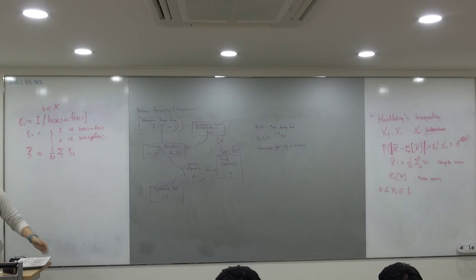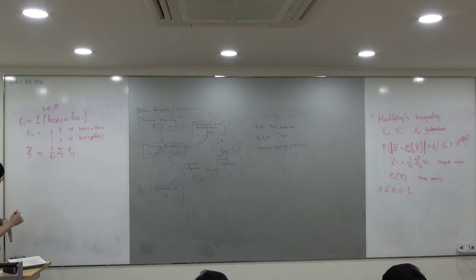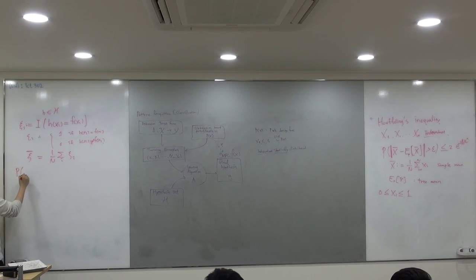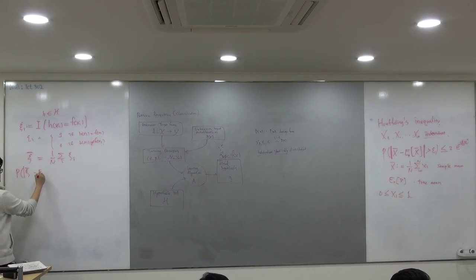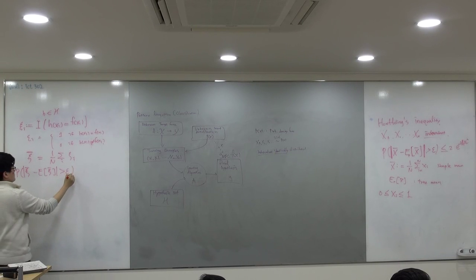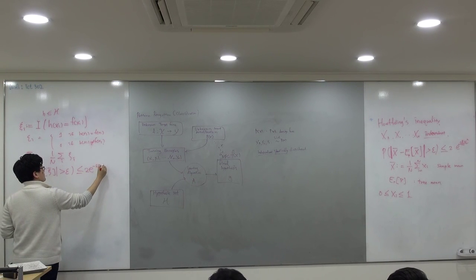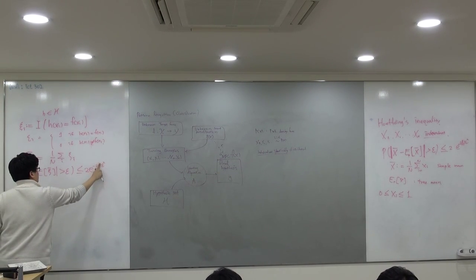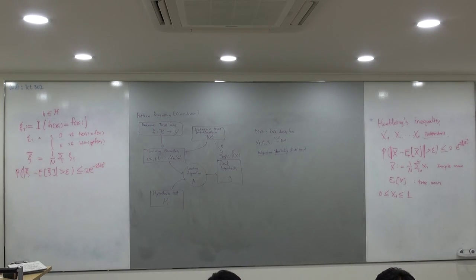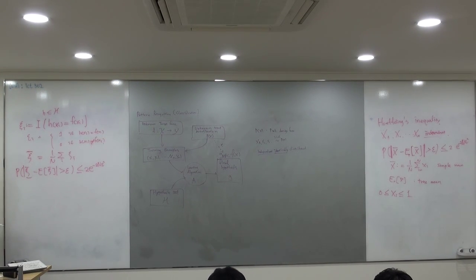Then you can apply Hoeffding's inequality such that, and if you look at this one very carefully, this is actually the error of the classification.